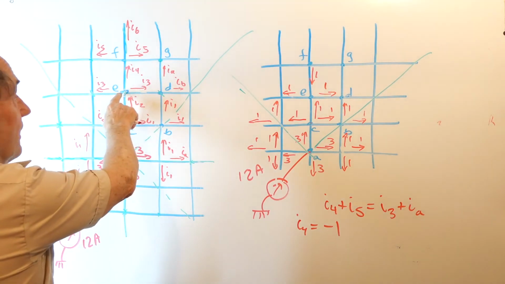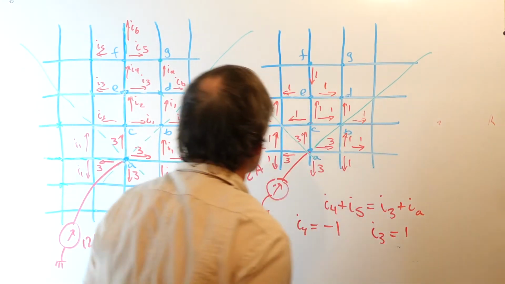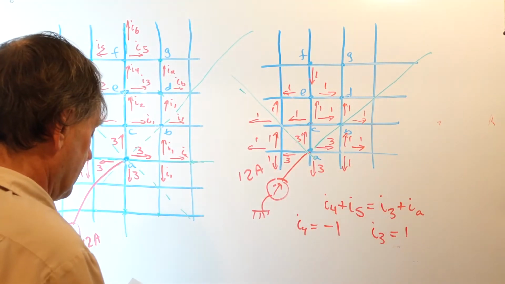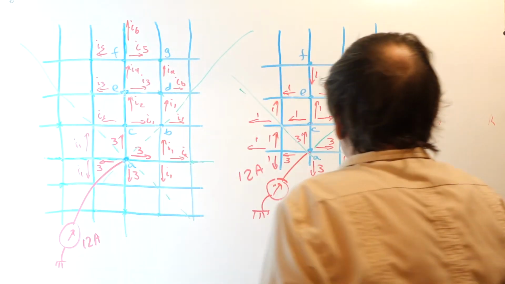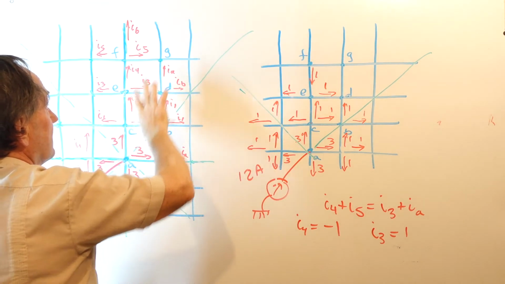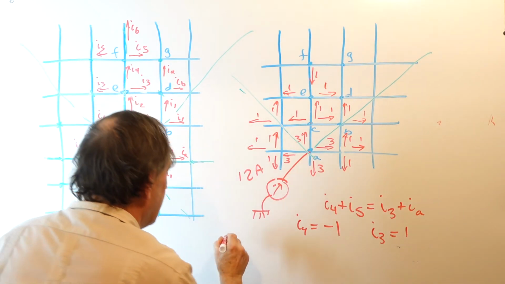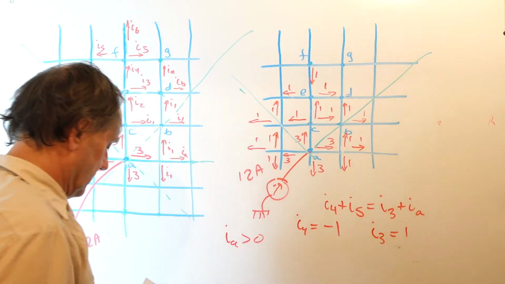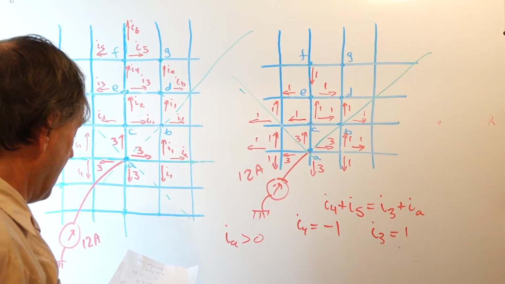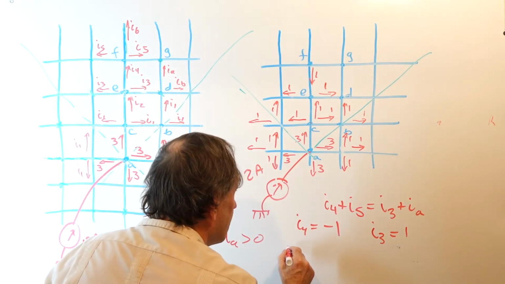Our I3 here is equal to 1 ampere. We can see that here. Our I3 is 1 ampere. Now, if we want our IA to flow away from the point of injection out to infinity, IA has to be positive. We need IA to be greater than 0, which means then that I5 has to be greater than 2 amps. Let's look at what I5 is here.